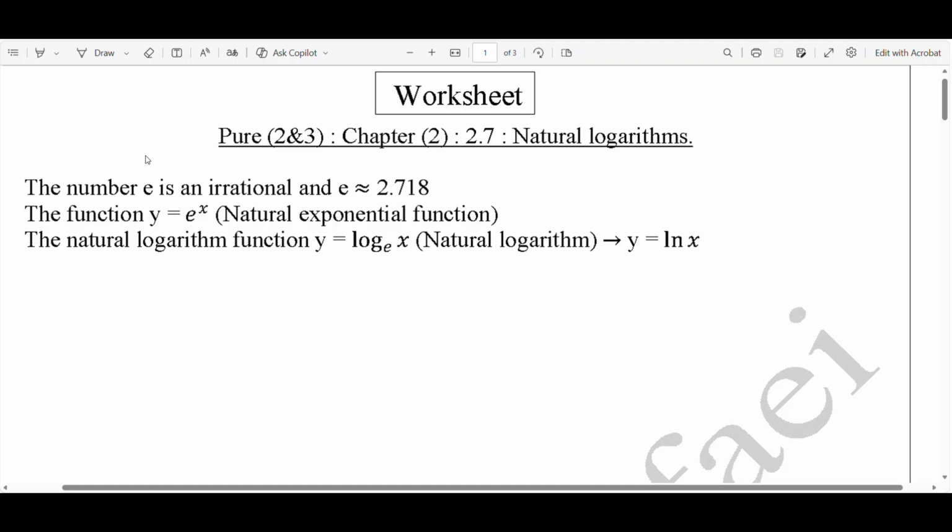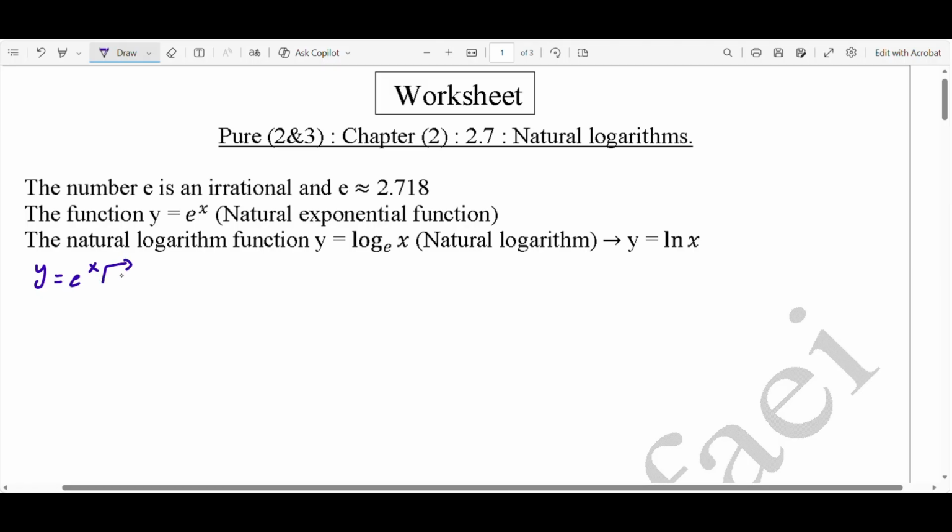I'm going to use e as a base for an exponential function. As we said, e is an approximation for 2.718. I'm going to sketch y equals e to the power x. We learned how to sketch exponential functions.